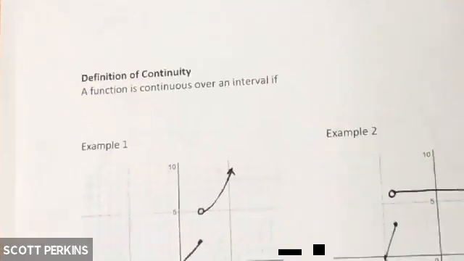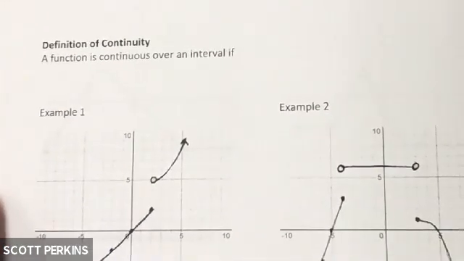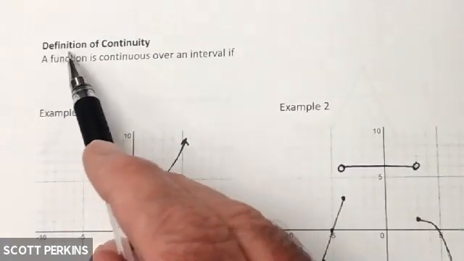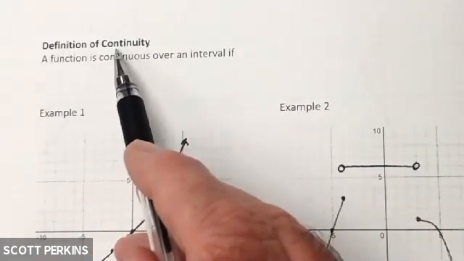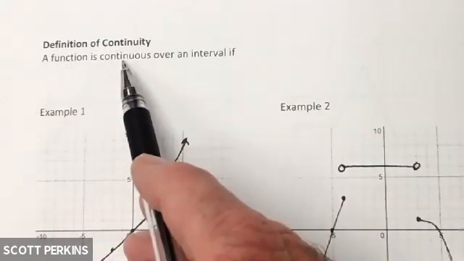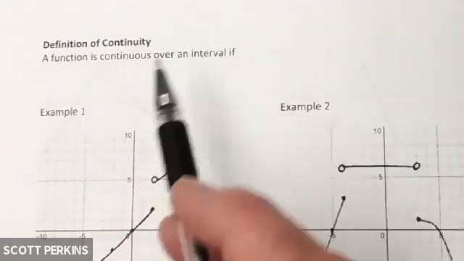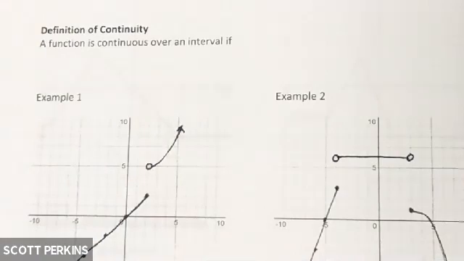All right, so now what are some properties of functions? Since we know what a function is from the previous unit, and we've looked at 6 basic functions, the first property of functions is this idea of continuity. So a function is continuous over an interval if, now this isn't the mathematical definition, you'd need a little bit of calculus in order to understand the mathematical definition, and that's not my assumption.